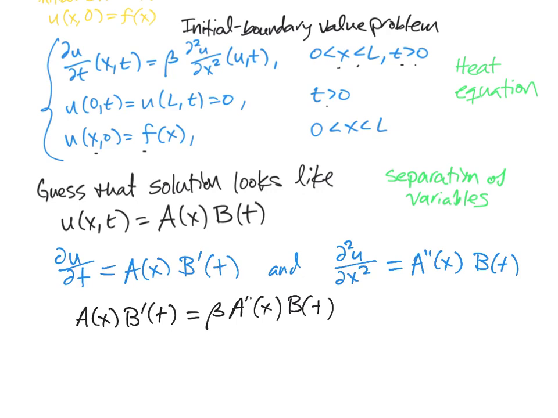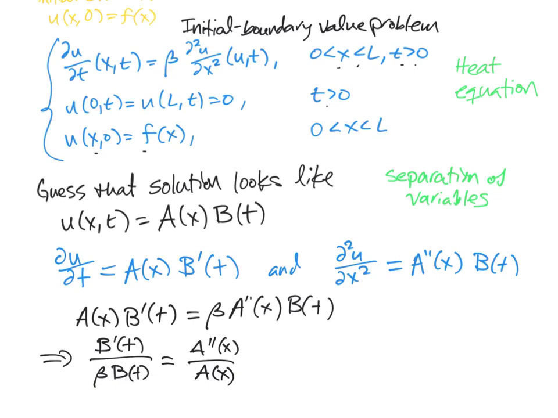Now we do what we do with our separable equations back from the beginning of this class, and we put all the t's on one side and all the x's on the other, and we get b prime of t over beta b of t equals a double prime of x over a of x.